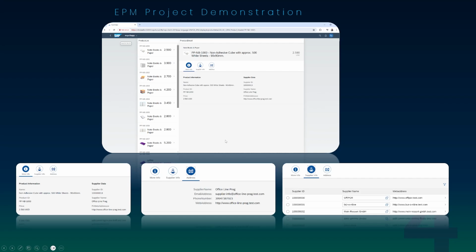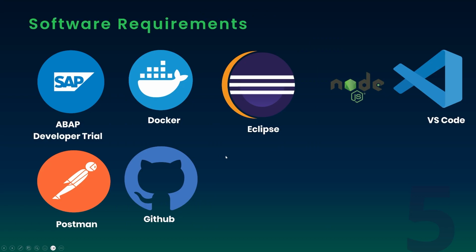So now let's talk about what software is required for this project. First of all, we are using the ABAP Developer Trial Edition, the 2022 version, and that is free for all developer purposes, and you can download and install it on your laptop.